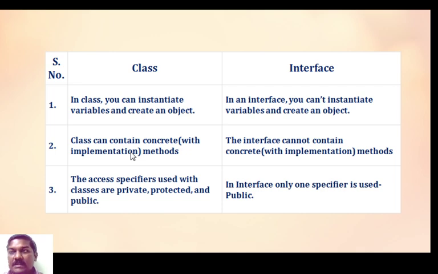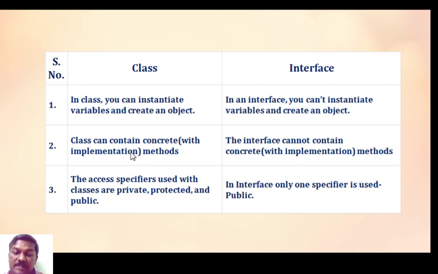There we had the method declaration part only. We did not have any coding part in it. So that method, called an abstract method, can be implemented in the derived class. So that is the second difference between methods available in a class and methods available in an interface.